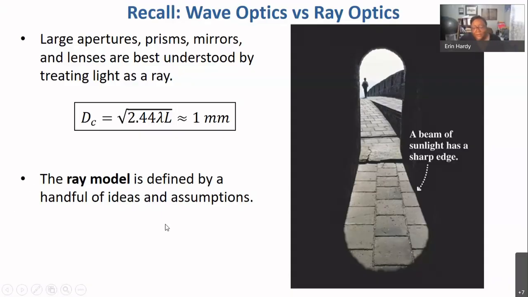So the ray model, as is stated here, instead of just laying out some equations that describe how it works, we're going to make some observations or assumptions, lay some ground rules, in other words.